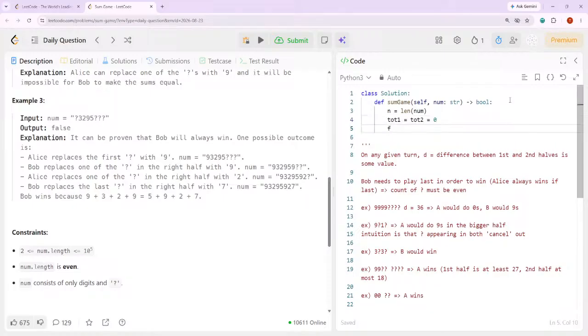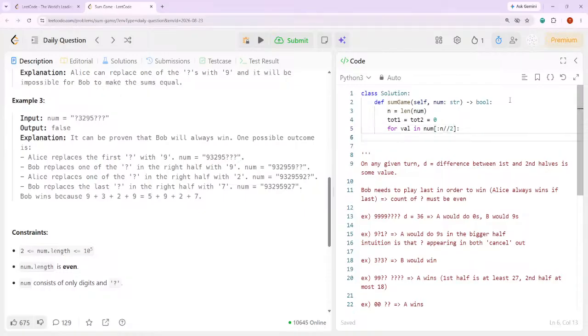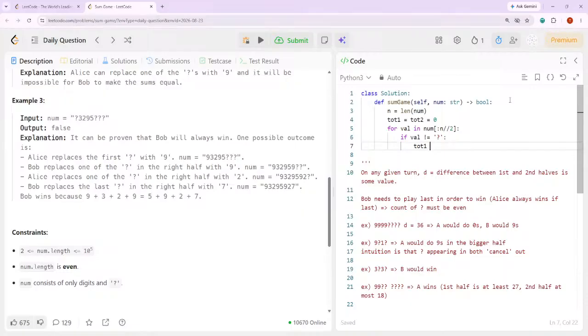So for every value in nums up to the first half, if the value doesn't equal the question mark, total 1 plus equals the integer of the value.